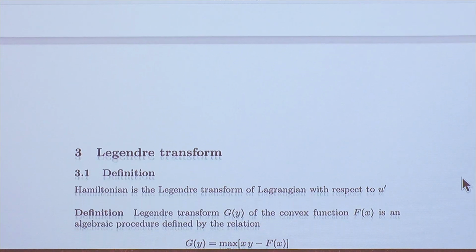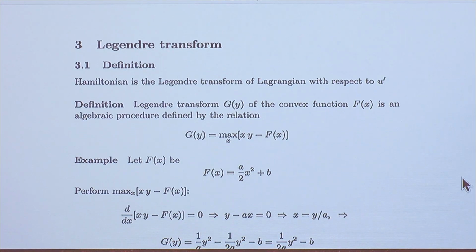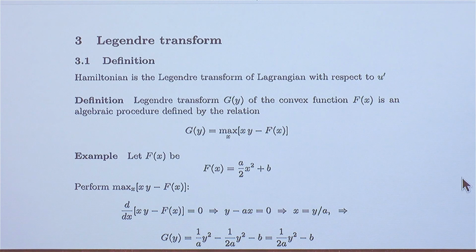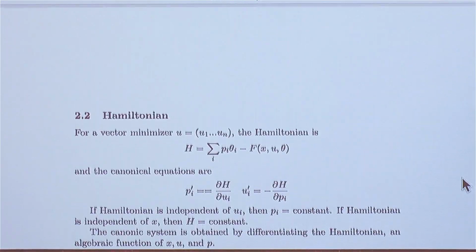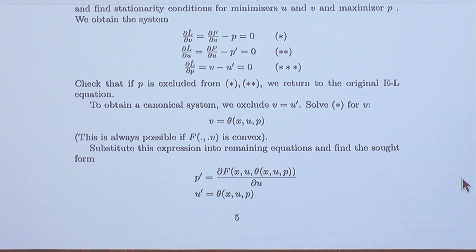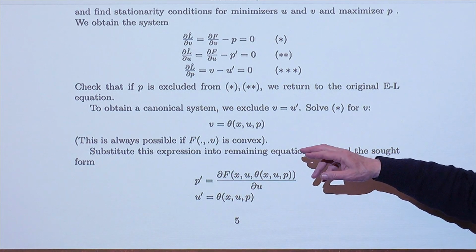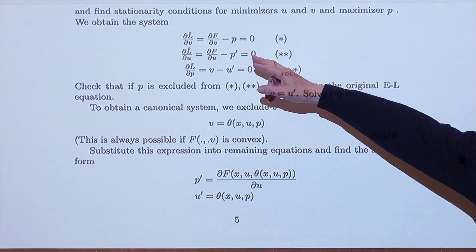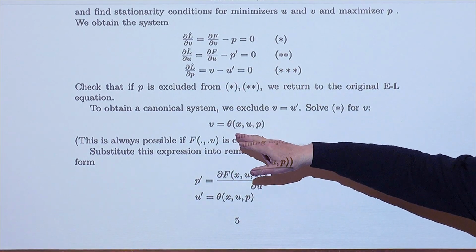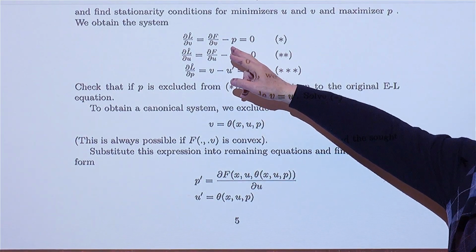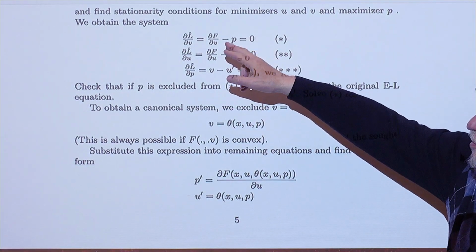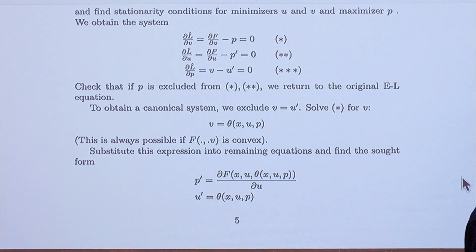And finally, I want to talk about the Legendre transform. To obtain the Hamiltonian, we need to solve, as you remember, this equation for v. So instead of having an equation for p as a function of v, we want to have v as a function of p.